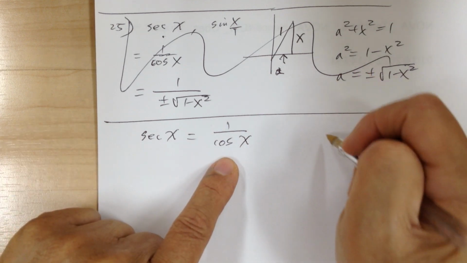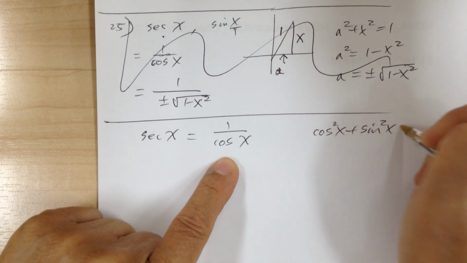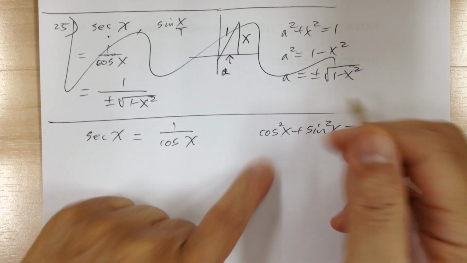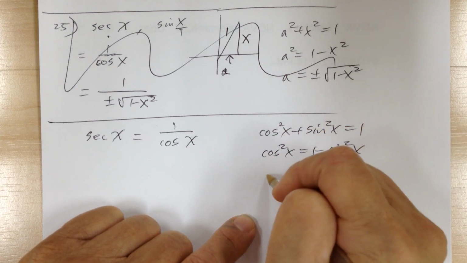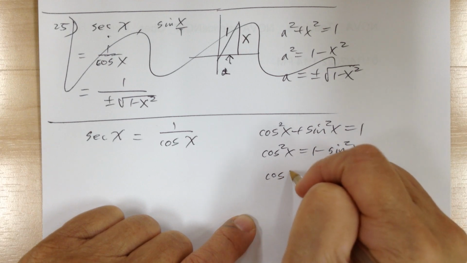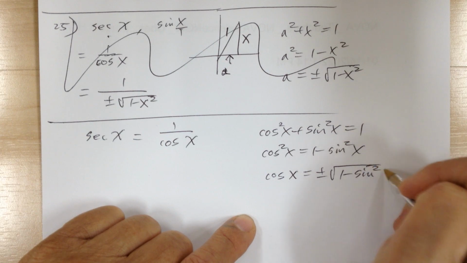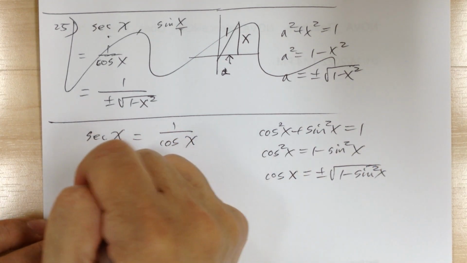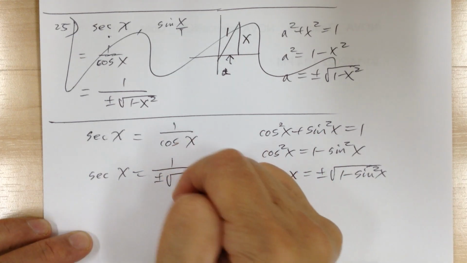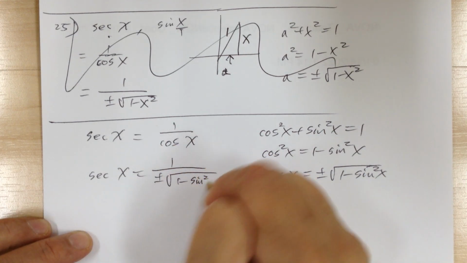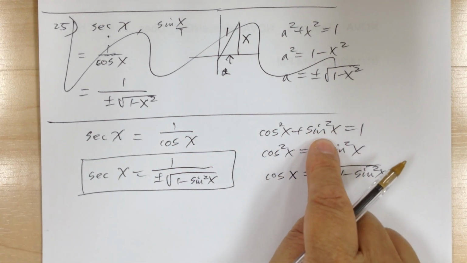And if you use the identity, cosine square x plus sine square x equal to 1, so cosine square x equal to 1 minus sine square x. And take the square root. So cosine x equal to plus or minus square root of 1 minus sine square x. And you substitute. So secant x equal to 1 over plus or minus square root of 1 minus sine square x. Okay, and that's it. So you can use the identity over here.